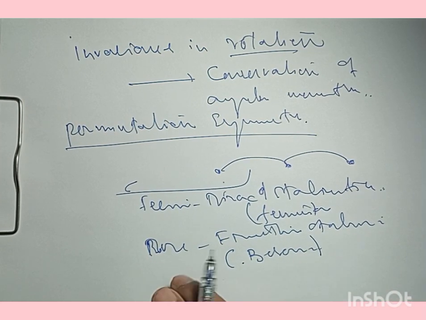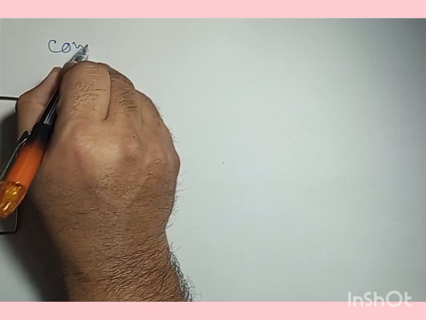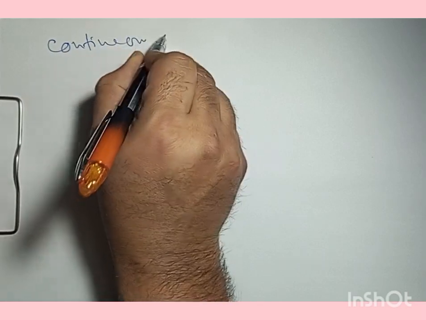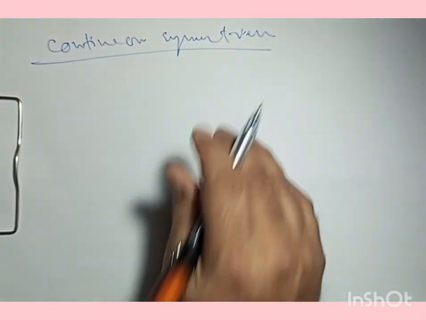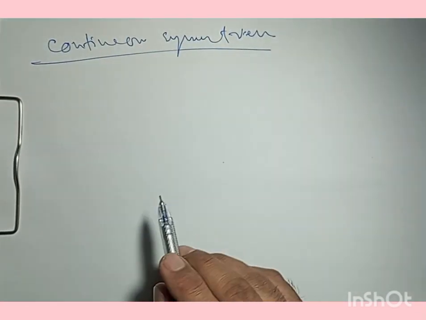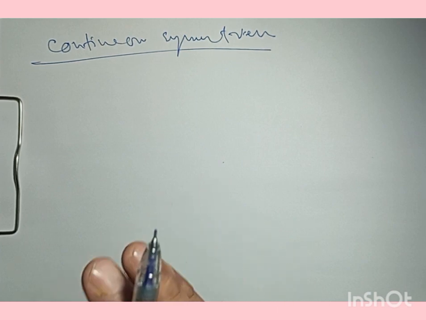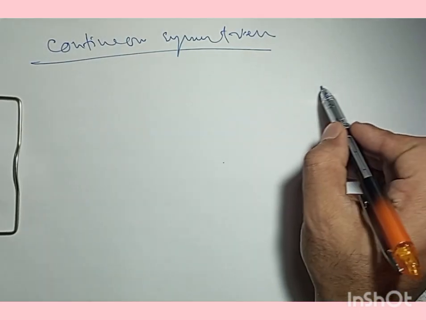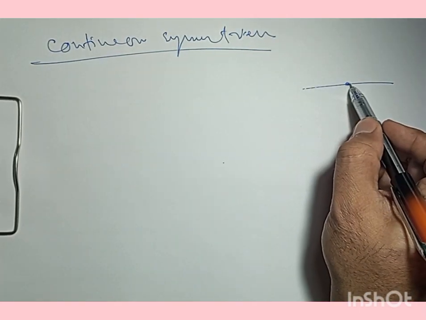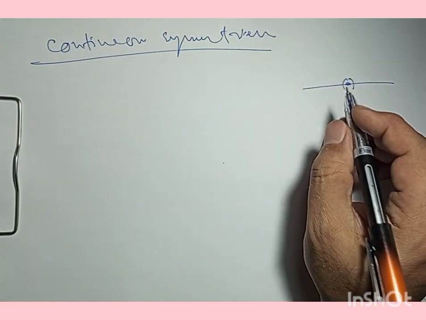And we have continuous symmetries. Continuous symmetry deals with the symmetry of the system under infinitesimally small transformation.